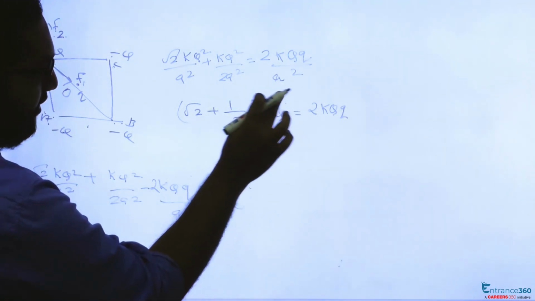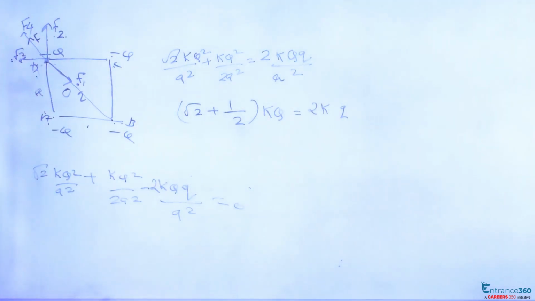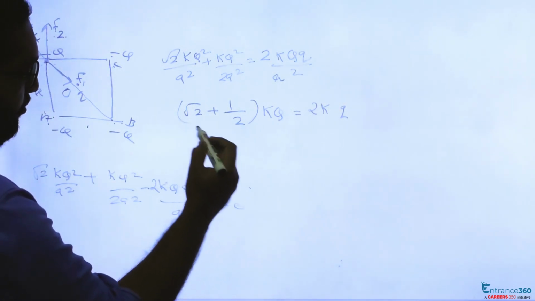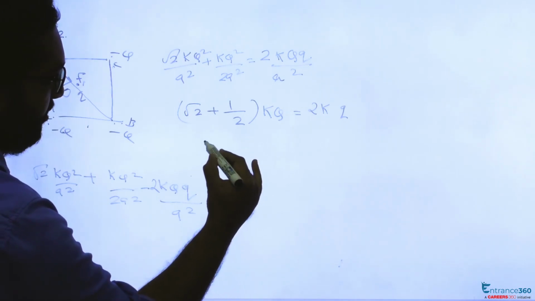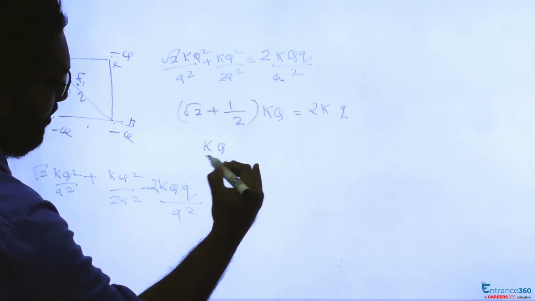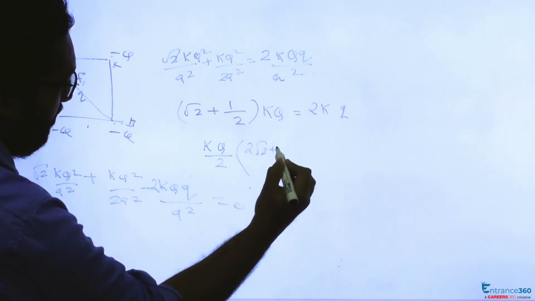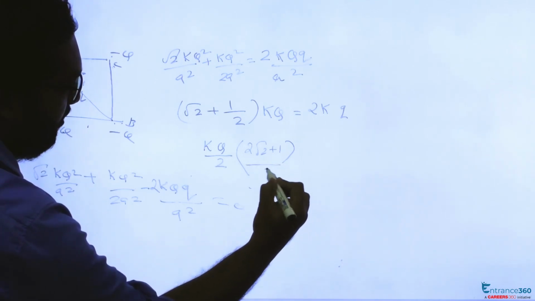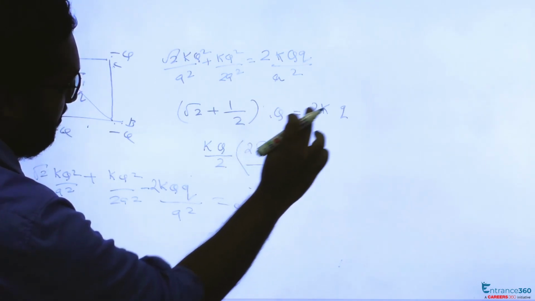So one Q will get cancelled, and if you take this 2 to the left side, you can write it as Q by 2 into 2 root 2 plus 1 divided by 2 equals q, and K also will get cancelled.